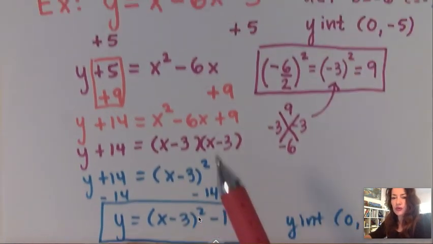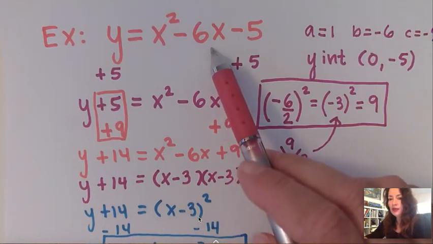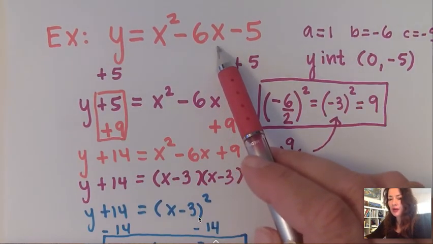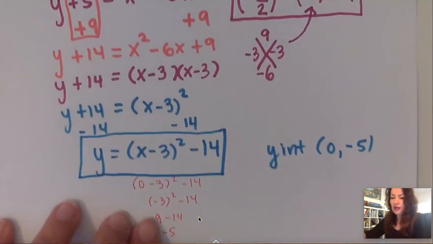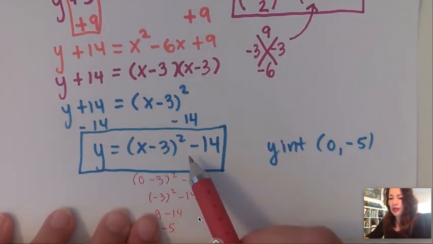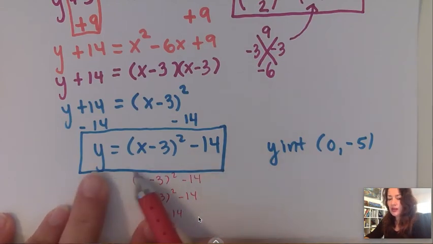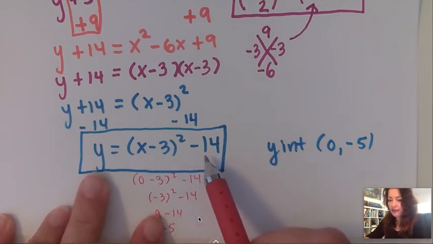This is the vertex form of the equation, up here is the standard form. Now, the advantage of vertex form is that we can easily make a quick sketch. That's why this form is also called graphing form.